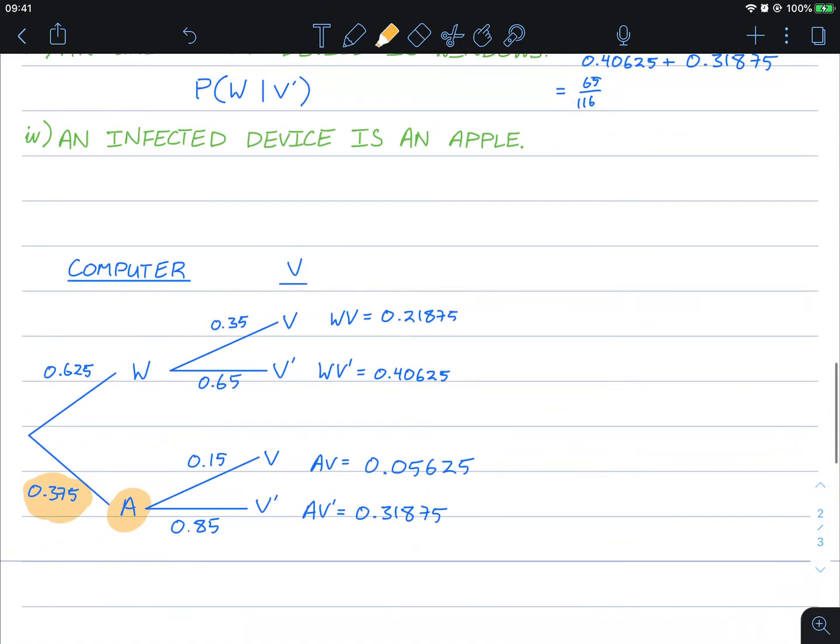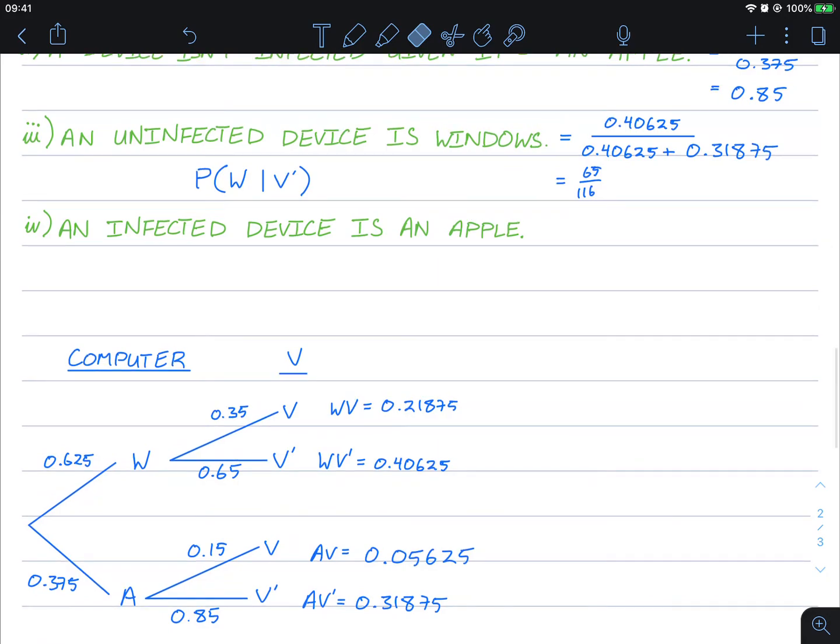Maybe you can try and figure out this next one. The probability an infected device is an Apple. Notice how, again, the condition given is that it is an infected device. So given that it has the virus, we want to know the probability that it is an Apple.